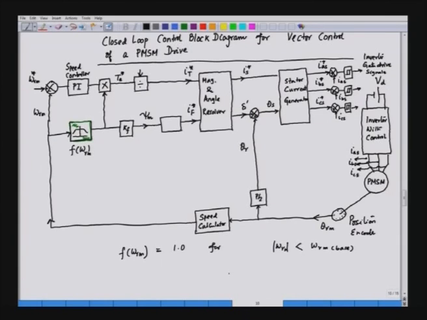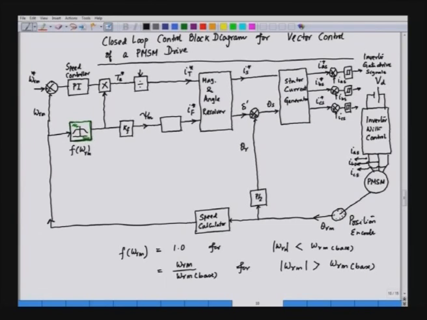So, if omega r m is less than omega r m base, this function is equal to 1, and that is equal to omega r m by omega r m base for speed omega r m higher than omega r m base.